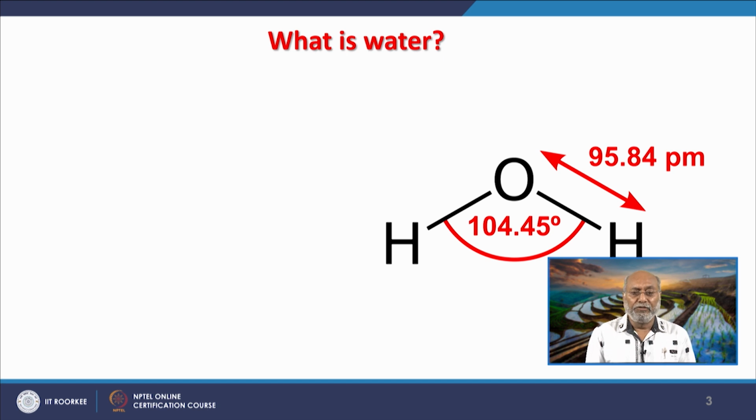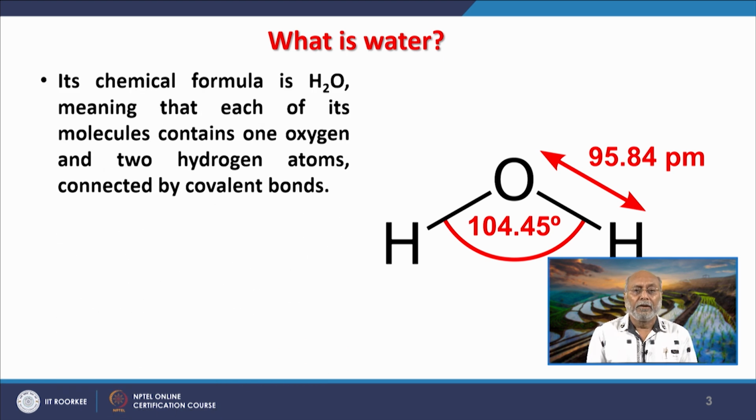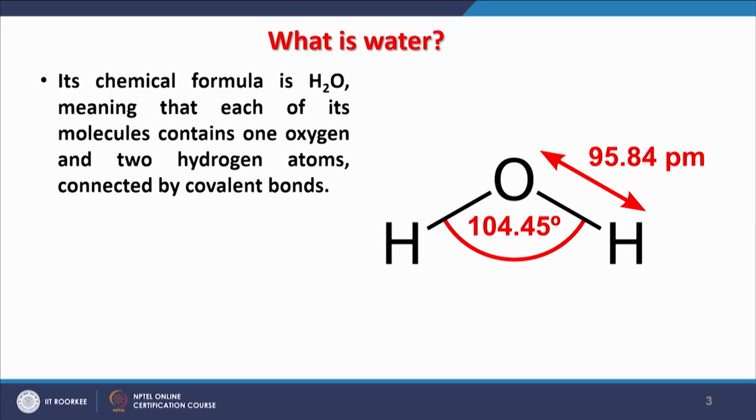If we start looking at the structure of the chemical formula, it is H2O, meaning that each of its molecules contains one oxygen and two hydrogen atoms connected by covalent bonds, which is also shown here.